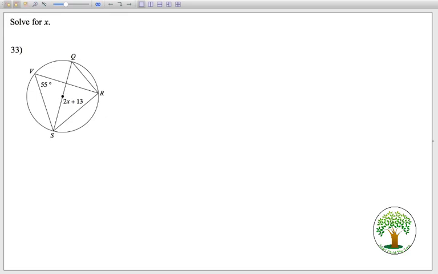I want you to notice that this right here is on the diameter. That makes this a right angle. That also makes this 180 degrees. Since this is 55, its intercepted arc is twice that, which is 110.